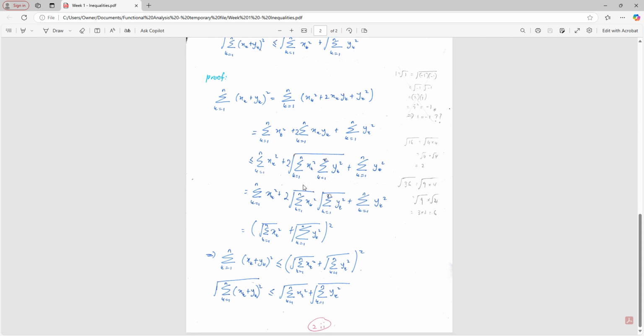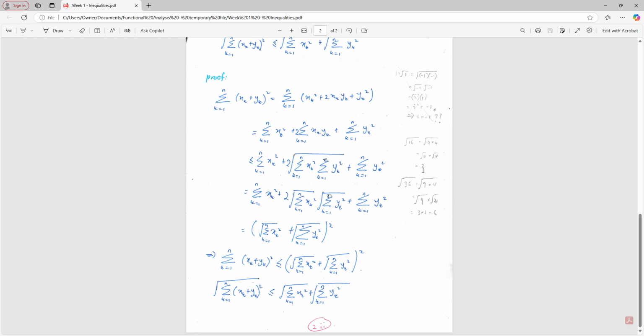So I know that this xk square yk square is always positive. So I can do a manipulation like this, which is to take the square root of each summation. I will take the square root for the first summation and the second summation. This manipulation we can do if and only if we are sure the part here is always positive, I mean the summation part here and this part.